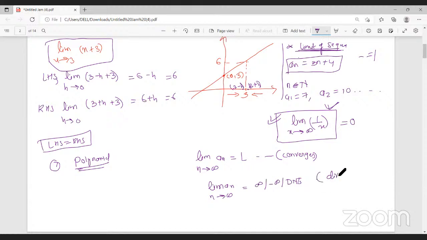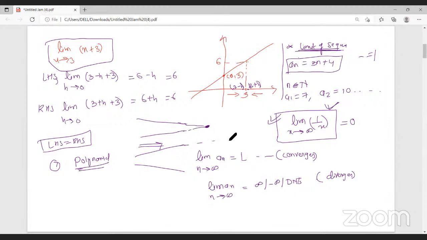In general, you can understand convergence like this, converging to this particular point, right? And divergent means like this. If we go from this side, it reaches this particular point. In divergence, the limit does not exist; it is going to infinity.